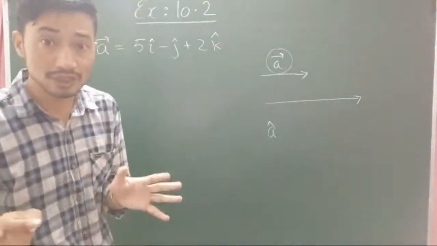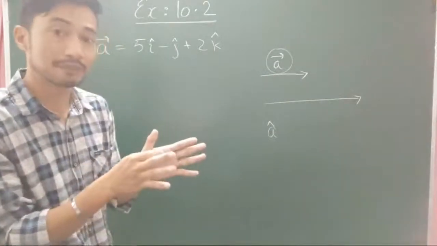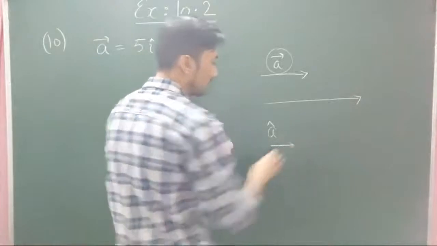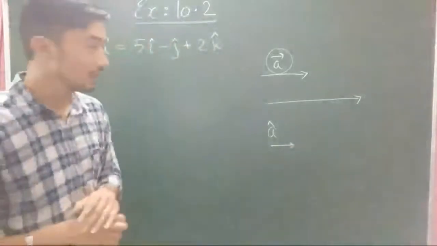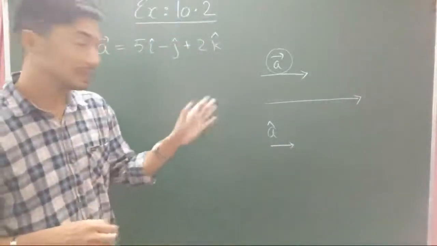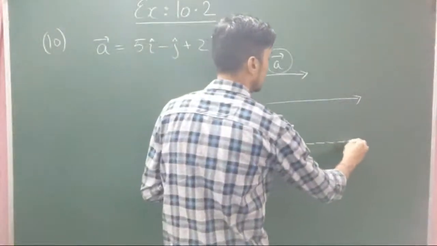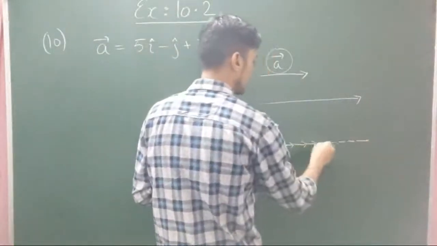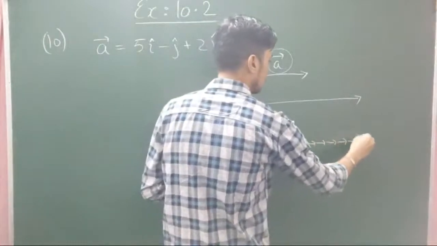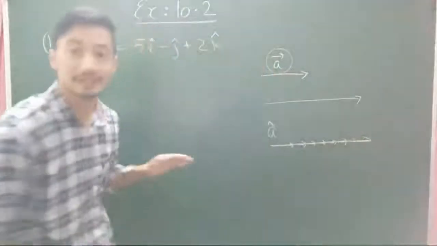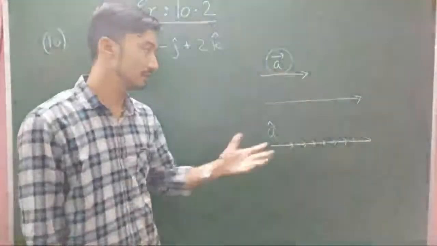The direction will not change, isn't it? The direction will remain the same. So its magnitude will be 1. Now if we just multiply this by 8, then we will get the vector in the same direction which has a magnitude of 8 units. So that's what we are going to be doing.